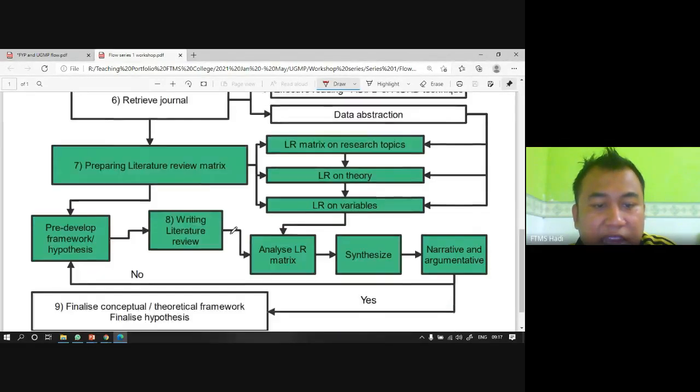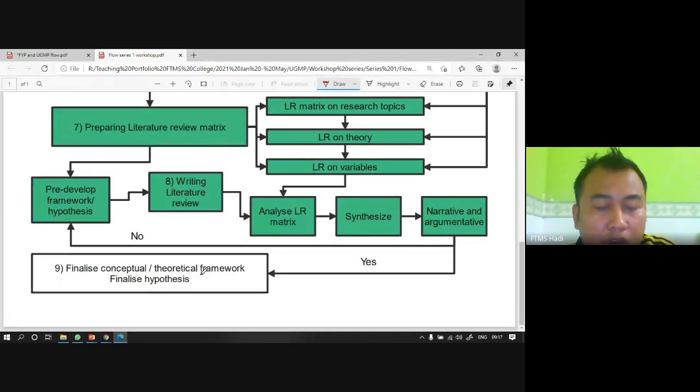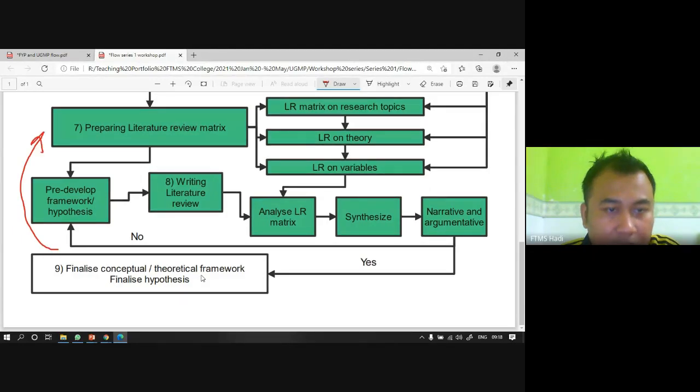Let's say if your conceptual framework is not solid yet, you can go back to process number 7. Do the literature, metrics, theory, variables, and then develop hypothesis. Pre-develop means that you test first, and then write the literature, analyze metrics, and then if yes, finalize, you can proceed.